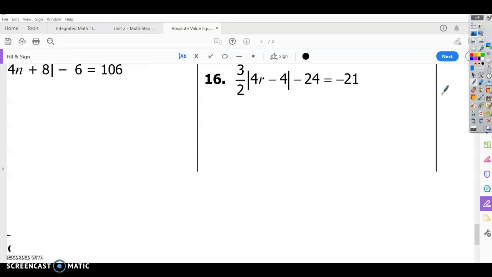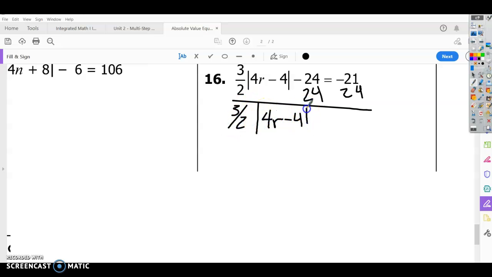First thing I need to do is isolate, undo the addition and subtraction. So to undo the addition and subtraction, I'm going to add 24 to both sides. All right, so I have 3 halves times the absolute value equals negative 21 plus 24, which is positive 3.